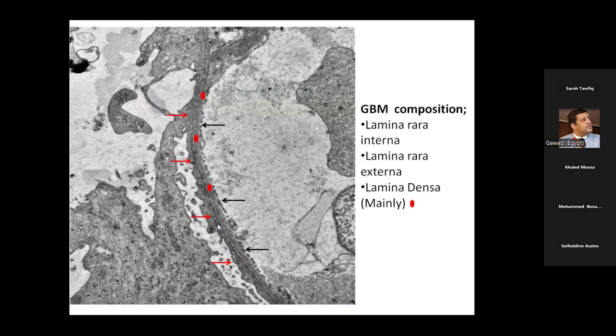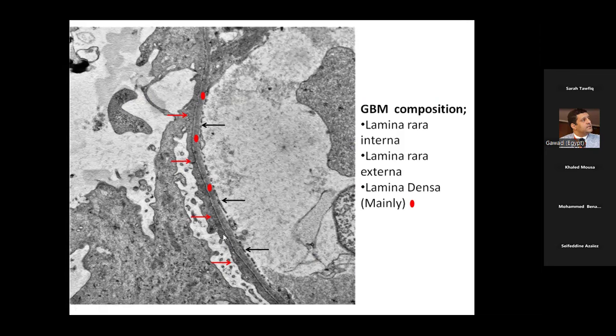Let's discuss the glomerular basement membrane composition, what the glomerular basement membrane is formed of. That's the glomerular lumen, that's the endothelium, the fenestrated thin layer of the endothelium, and those are the podocytes. Here, the podocytes are effaced. In another lecture, we will talk about effacement.